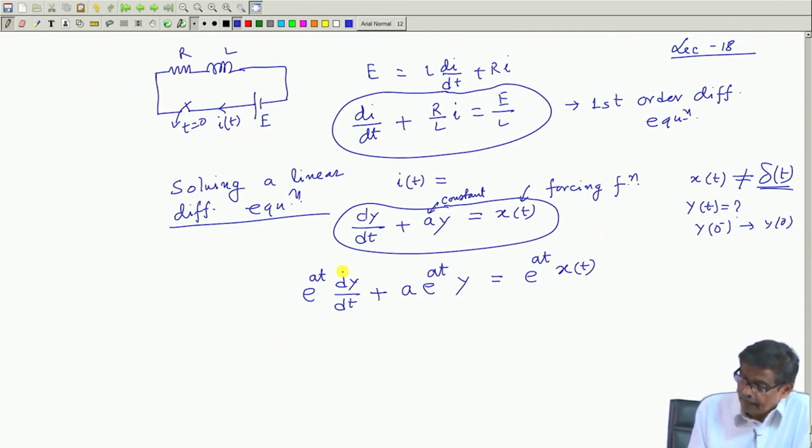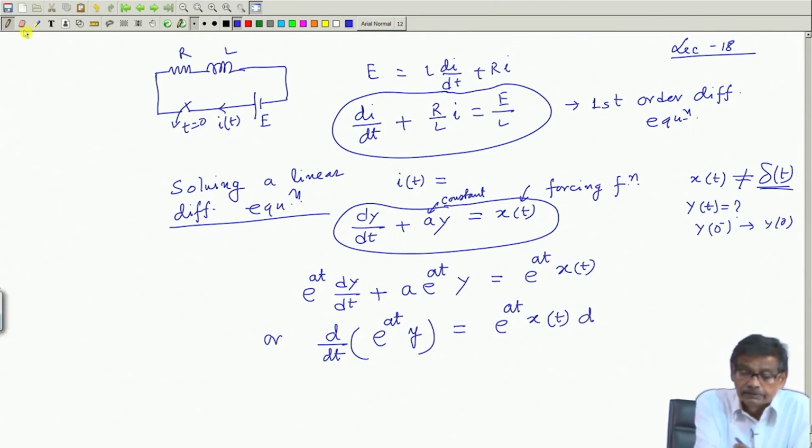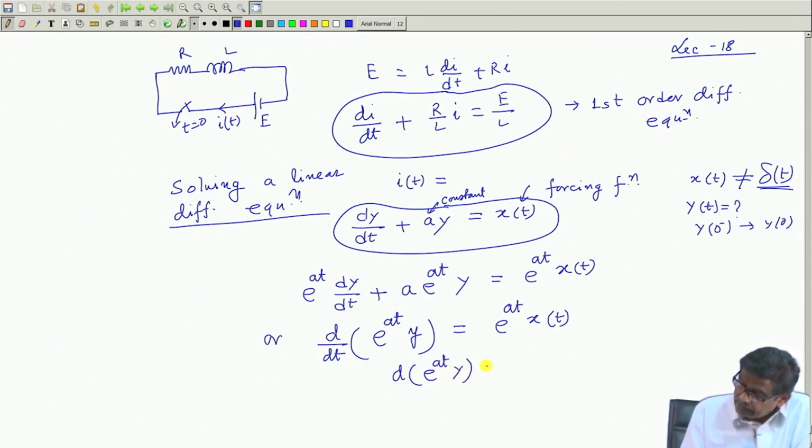Then we can write d/dt of e to the power a t into y, a product of two functions, as we have done several times before, is equal to e to the power a t x(t). Now, bring dt to this side, so that d of e to the power a t into y is equal to e to the power a t x(t) dt.